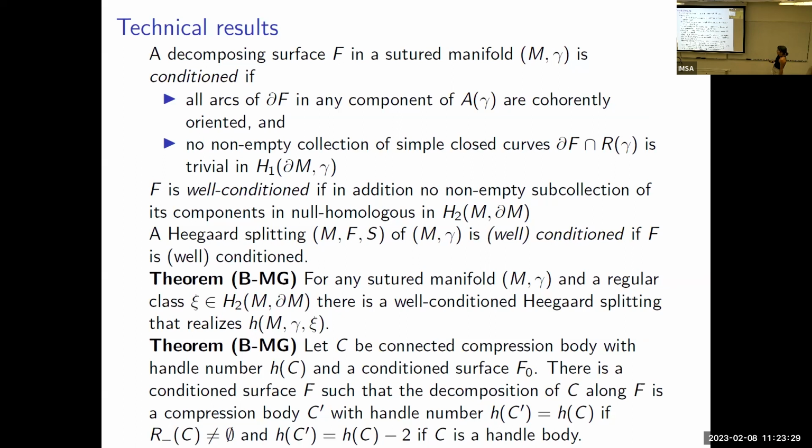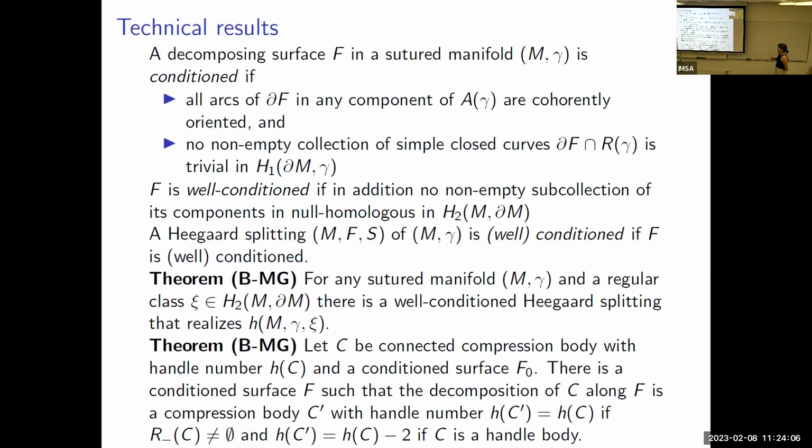And one of the technical results that is very useful is that, given a connected compression body C with handle number and a conditioned surface for that compression body, we can always find a conditioned surface so that after decomposing that compression body along that surface, we obtain again a compression body.